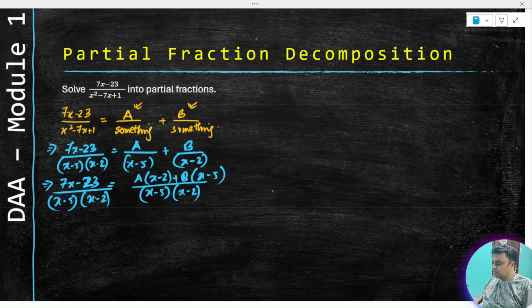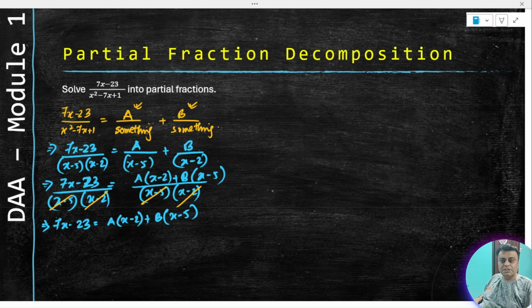So we will therefore mean that this and this will go away, and we will be left with something like 7x minus 23 is equal to A into (x minus 2) plus B into (x minus 5), right? So that's what we will have.